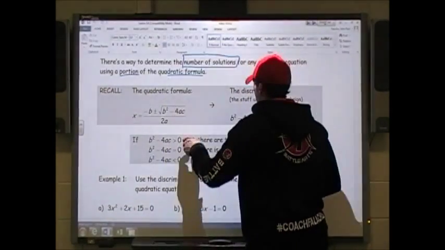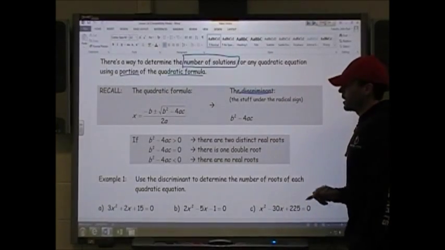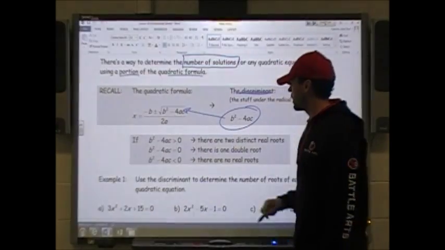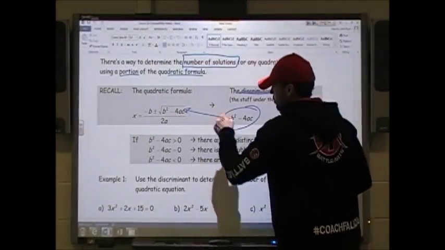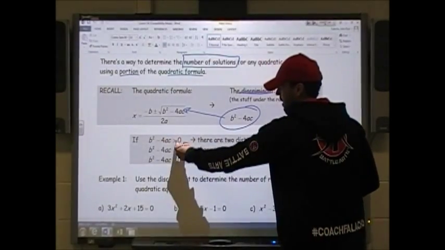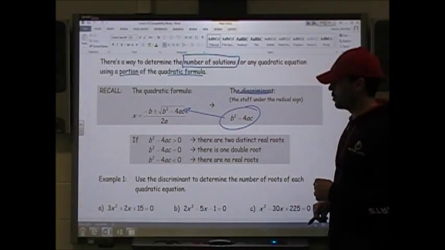So here's the quadratic formula. The discriminant is the stuff underneath the radical sign. So just this stuff. That's the stuff that's underneath the square root sign. If that discriminant is a positive number, so if it is any number bigger than 0, there are 2 solutions, or 2 real roots.